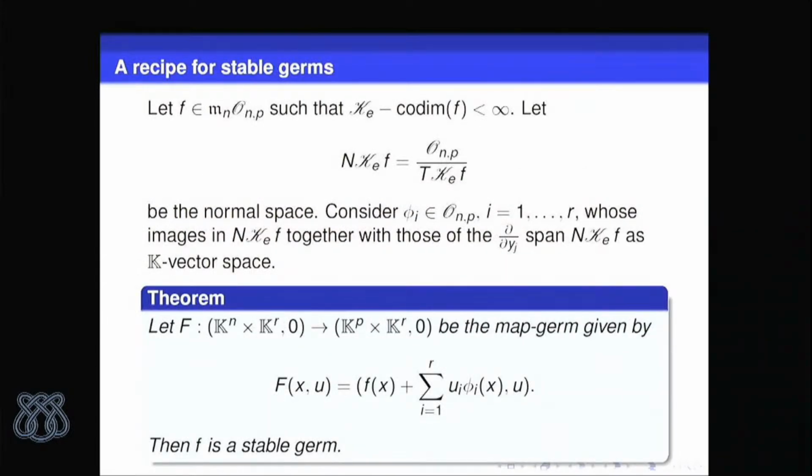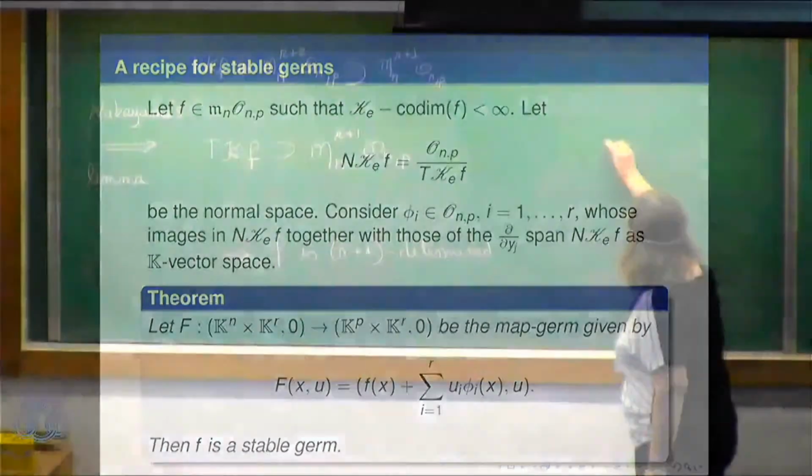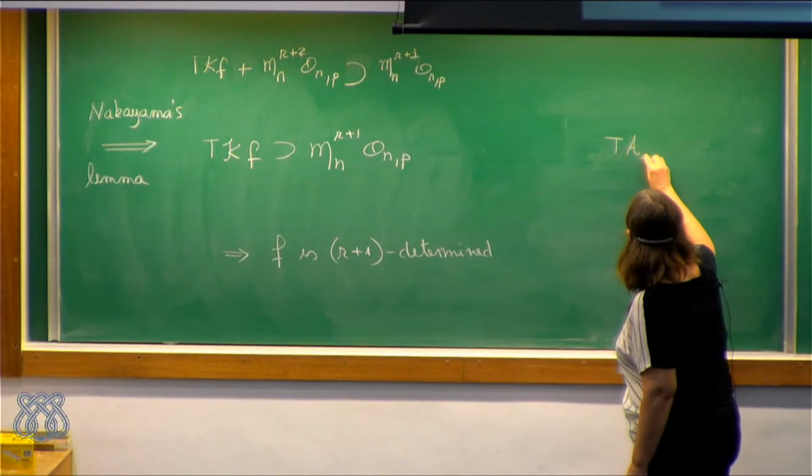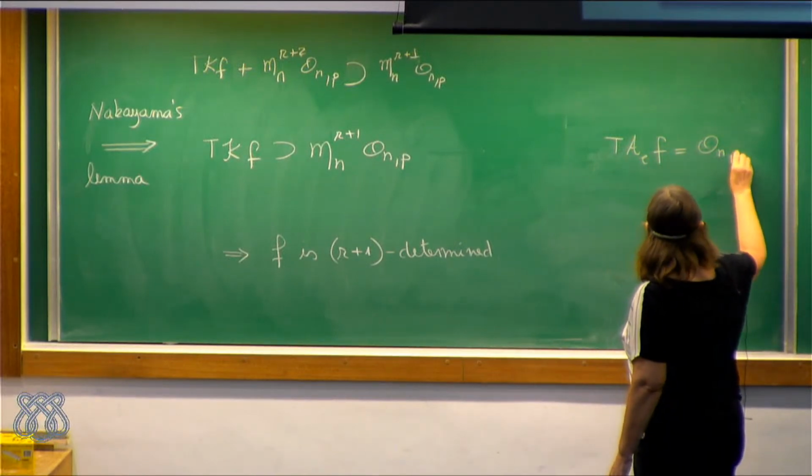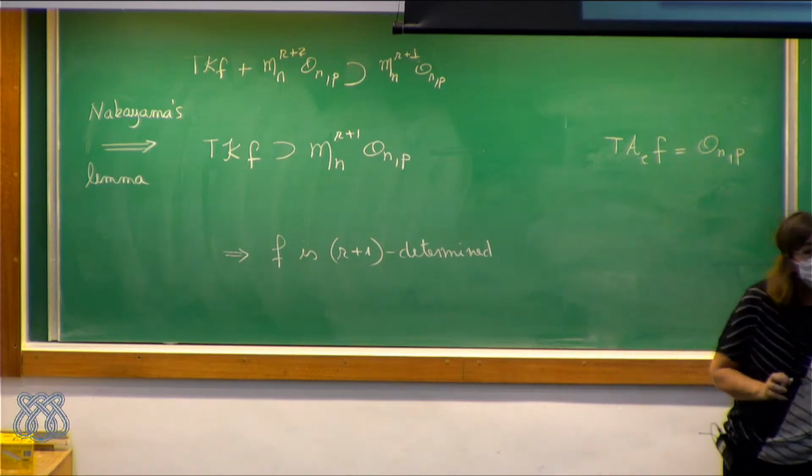Okay. The other thing that we will need is this recipe for stable germs. Although I'm not defining what a stable germ is, we have several definitions. For example, we have the infinitesimal criterion: if TAE of F is onto, then F is stable.